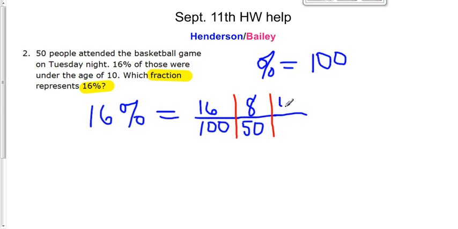Half of 8 is 4, and half of 50 is 25. Now 4 is an even number, although 25 is not. So that's our final answer: 4 out of 25 are under the age of 10.